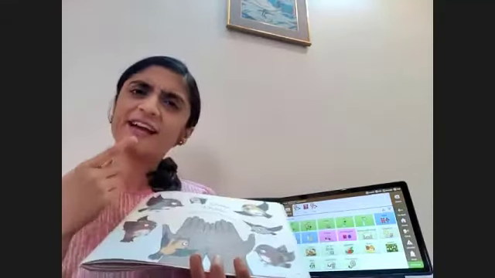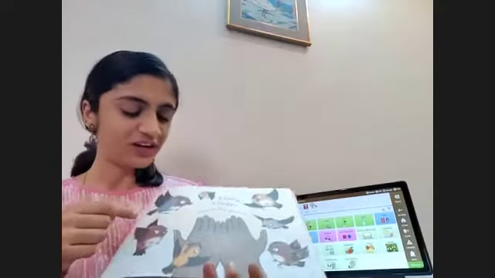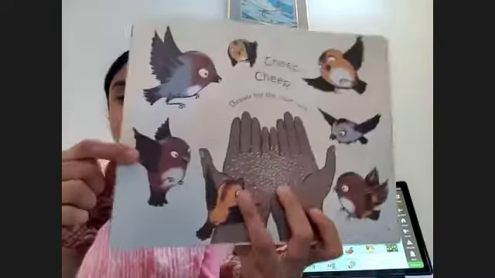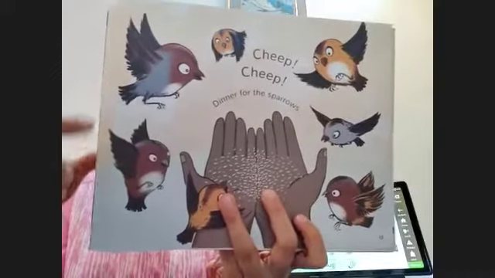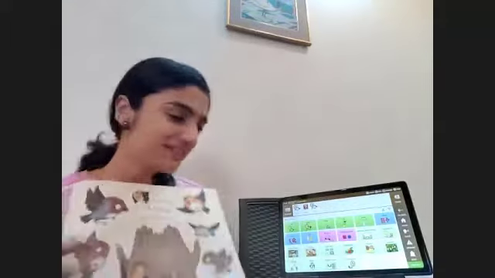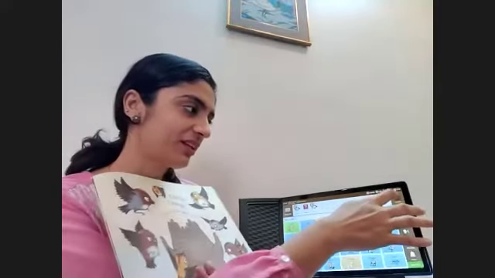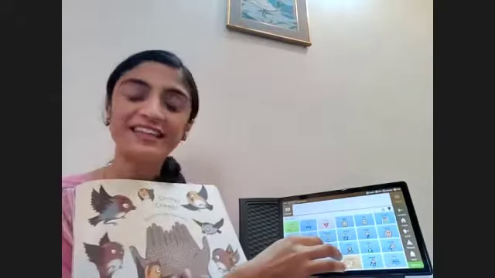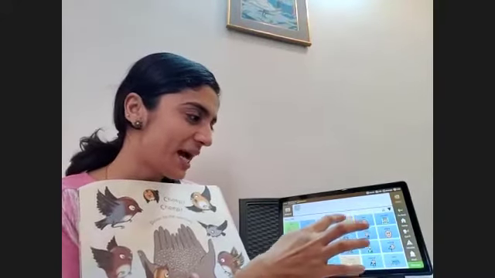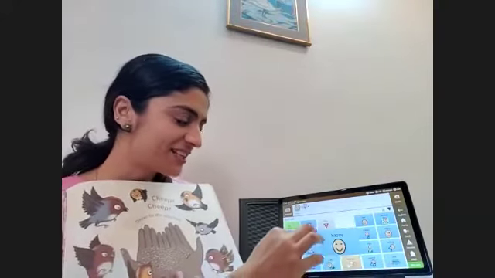There's one more thing I'd like to tell you about this picture. Can you have a look at these sparrows? How do you think they feel? Let's go to our feelings folder. I think they look very happy and excited.